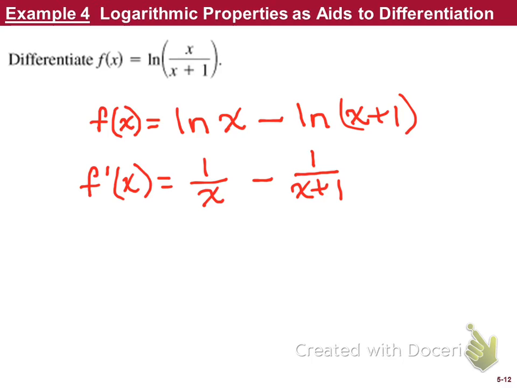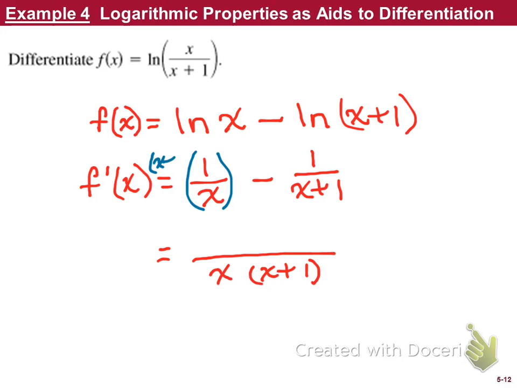Now, I want to simplify this, so we need a common denominator. The common denominator here would be x times x plus 1. So we need to multiply the first term's numerator and denominator by x plus 1 to get that common denominator, so that makes the numerator here x plus 1.